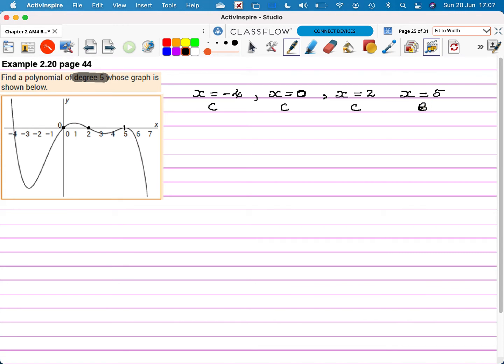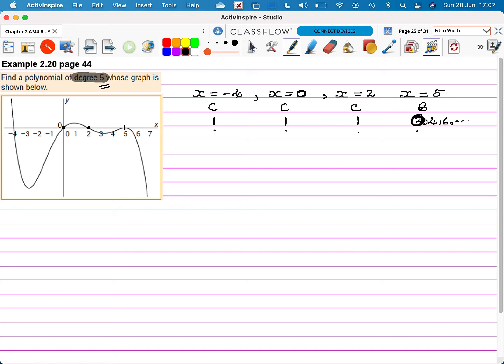Now you can hold this in your head, but if it's a cut, there's only one root; cut, only one root; cut, only one root; bounce, there's an even number of roots, 2, 4, 6, etc. But we have to remind ourselves that these numbers, when we add them up, cannot exceed 5. So we can't have 4 roots from the bounce situation. It has to be 2, because 2 plus 1 plus 1 plus 1 is 5.